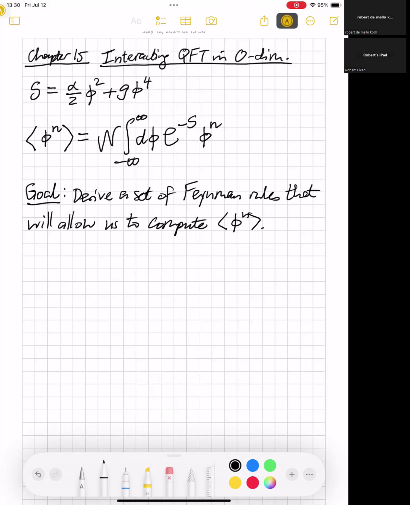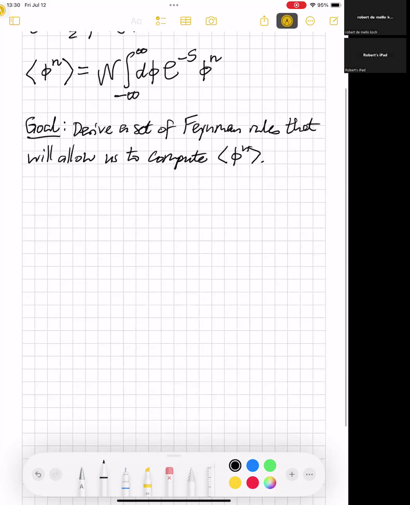Okay, so what do we do? Well, by now, I think that you could even guess the first thing that we're going to do. We're going to introduce Z of J. Z of J is equal to some normalization times the integral from minus infinity to infinity d phi. The normalization in Z of J and phi to the n are exactly the same.